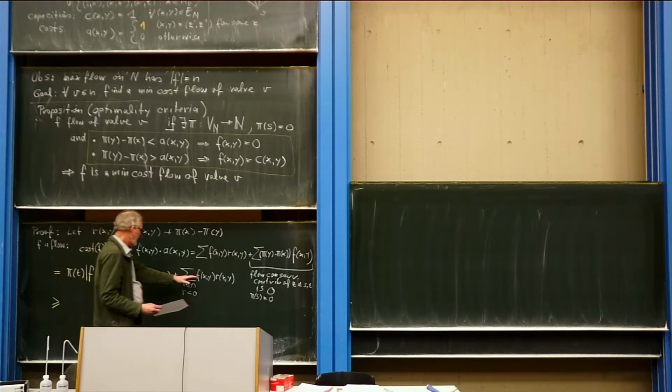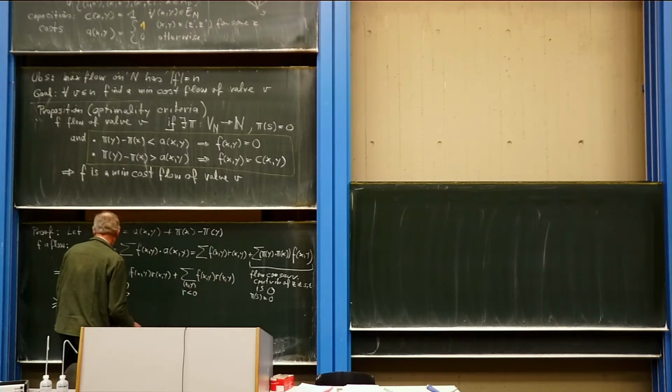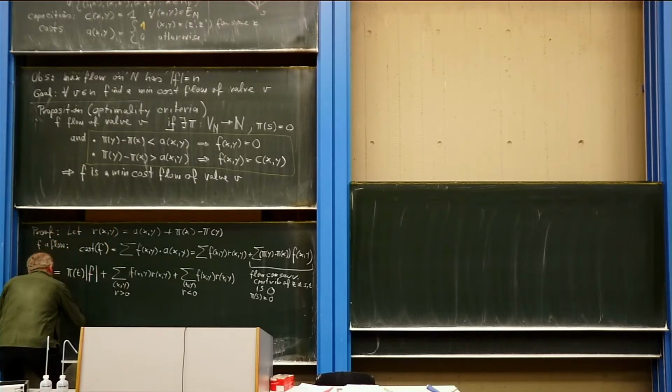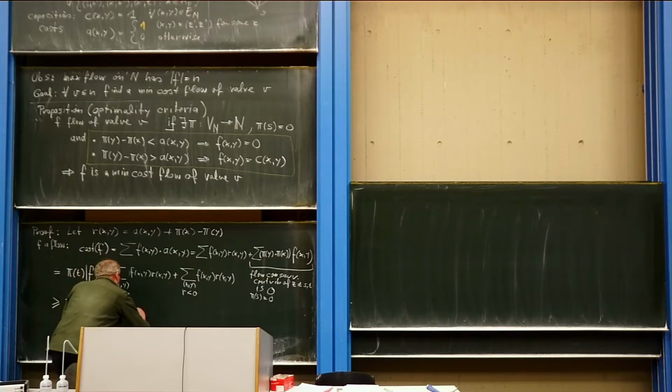And here, the contribution is negative. The flow is always non-negative, and the r is negative. So it's decreasing maximally if we set the flow to the capacity. So this is at least as large as pi of t times f plus the sum over the xy with r is less than 0, f_xy r_xy.